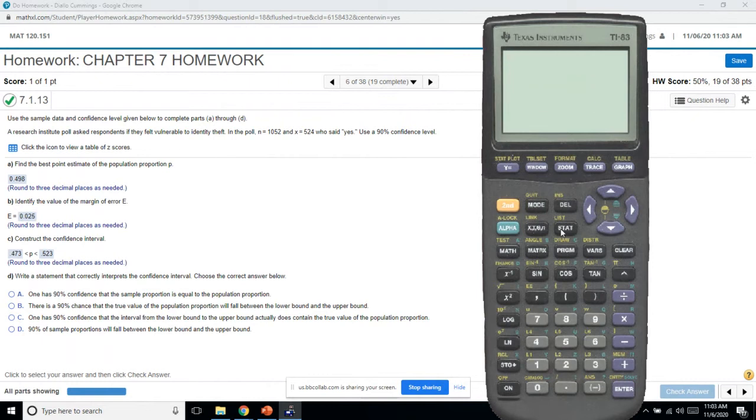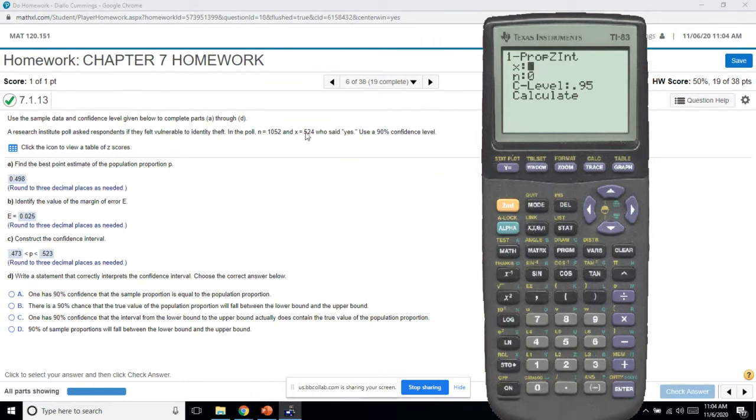So I'm going to go into stat, and I want to go to test. And then to test, I want a 1 proportion Z interval. I'm going to click enter.